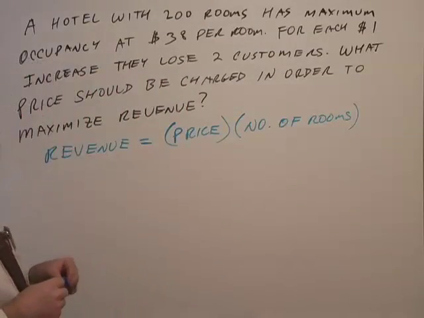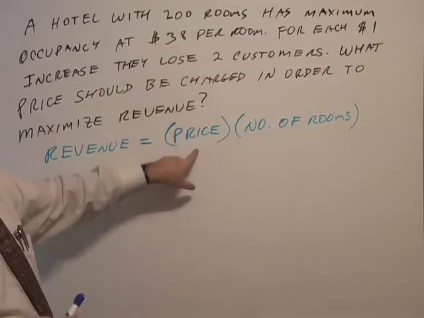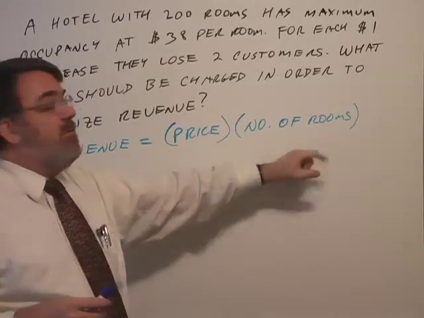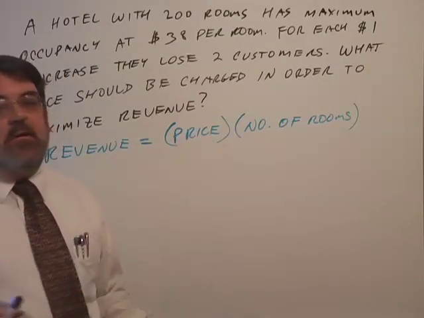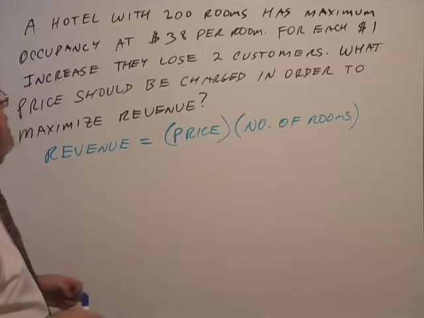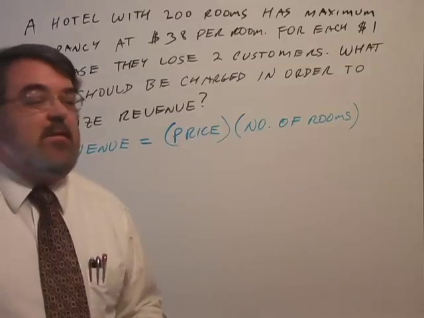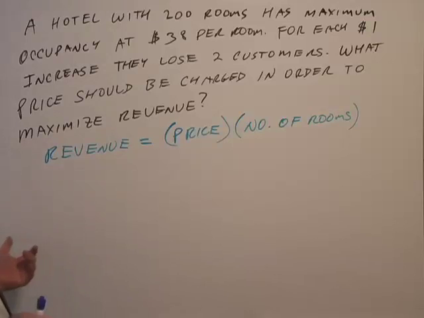So, for example, up here, if we charge $38, we're going to rent 200 rooms. 38 times 200 is probably $7,600, and that's the revenue for that evening. All right, so what price should be charged in order to maximize revenue?